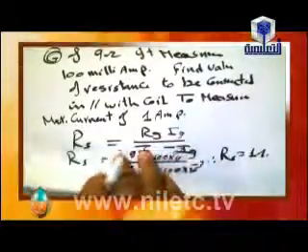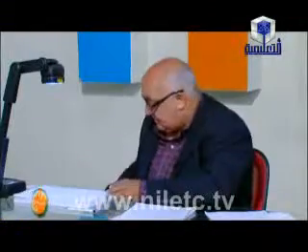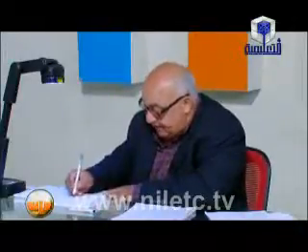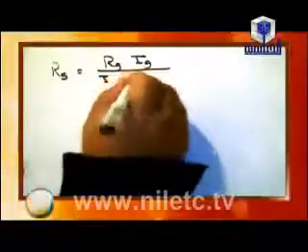What happens if we connect another 1 ohm with the same shunt to the current? RS again equals RG IG over I minus IG.